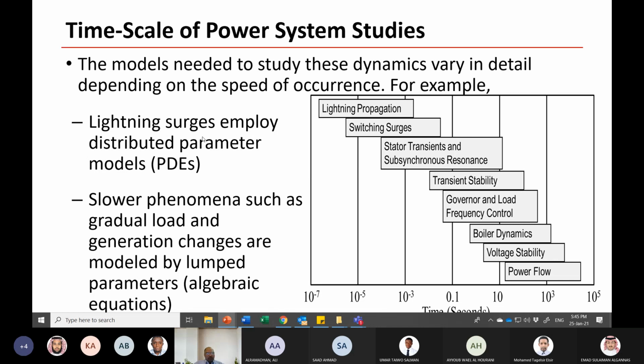Here we have distributed parameters, and you cannot lump the transmission line by replacing it with one resistance and one reactance, with the capacitor lumped at both ends. These are distributed parameters here. So here are the lumped parameters, and you can have algebraic equations and also differential equations. It depends on which study you are involved in.